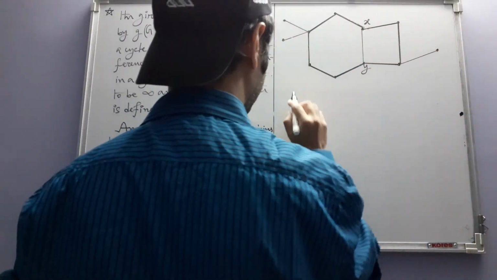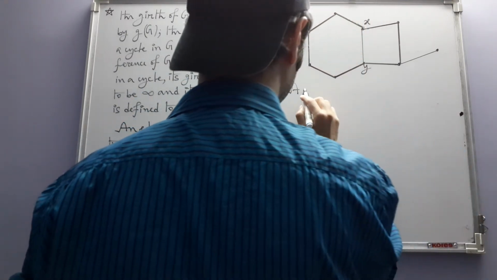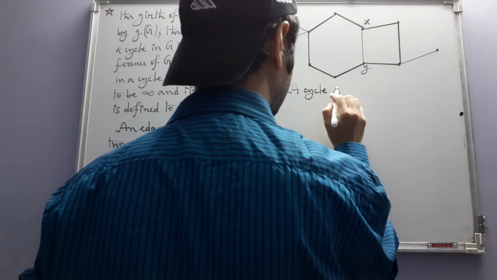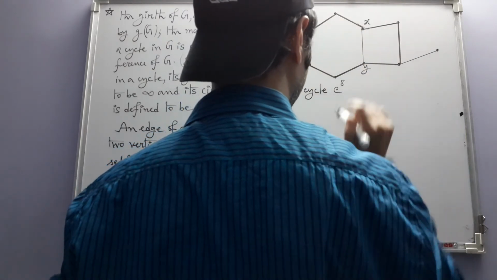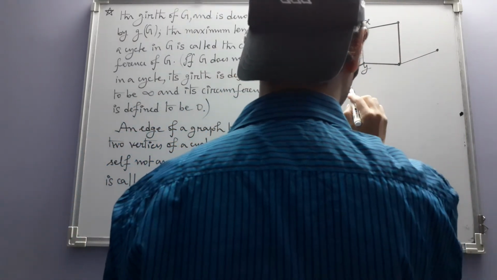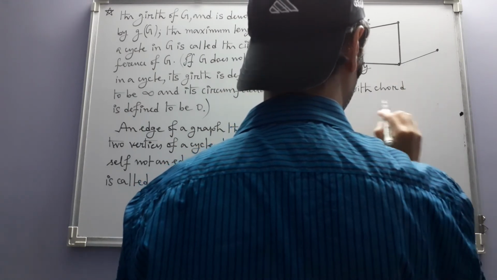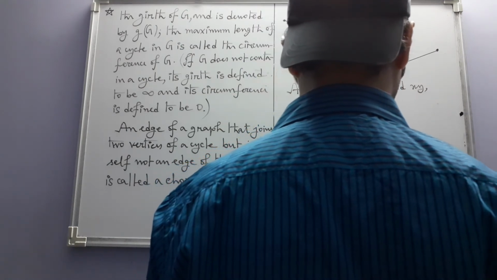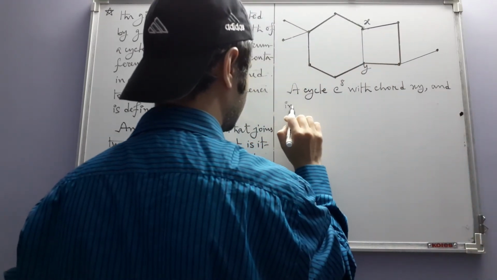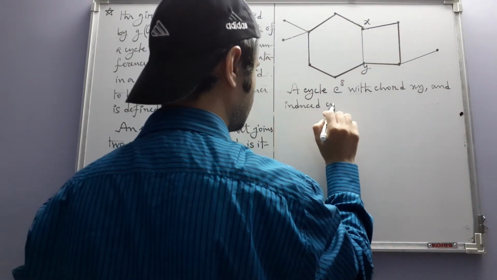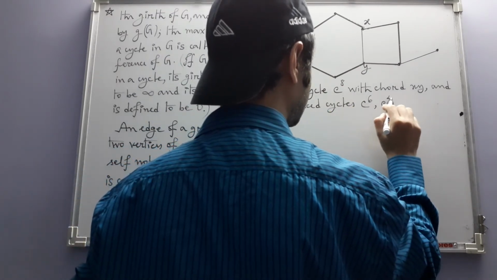And in fact, we can write a cycle C8, with vertices 1, 2, 3, 4, so there are 6 vertices, 7, 8. A cycle C8 with chord XY and induced cycles C6 and C4.